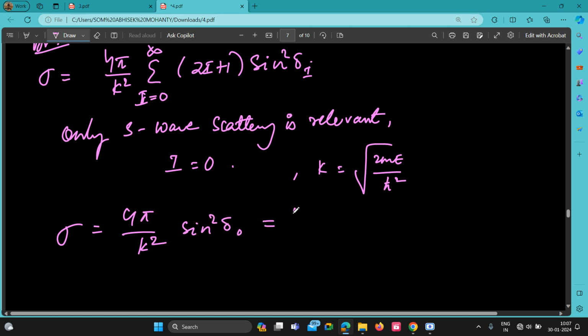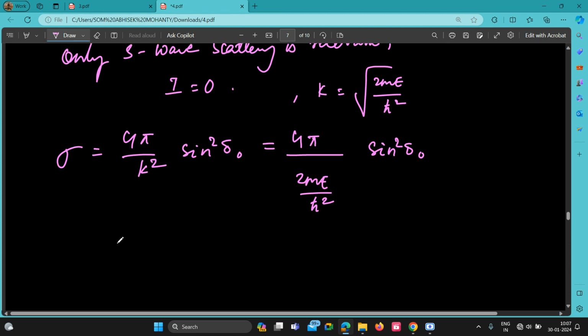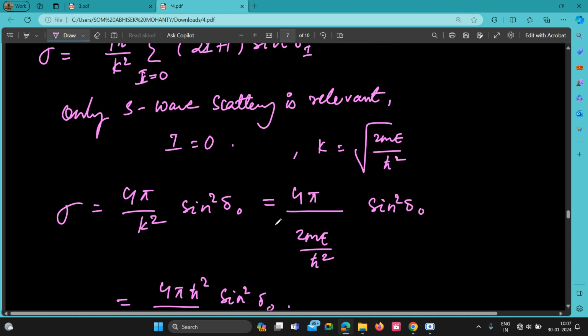Now in place of k, just put this 2mE by h cut square. So it becomes 4 pi h cut square by 2mE sine square delta 0.